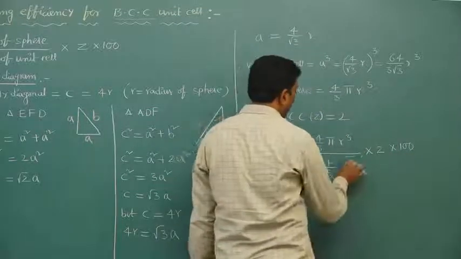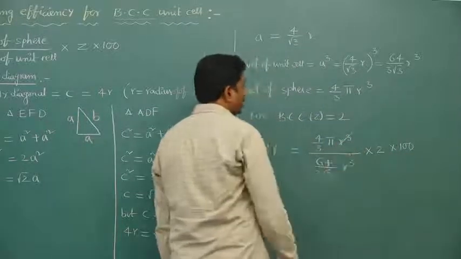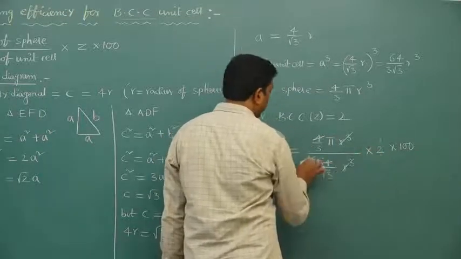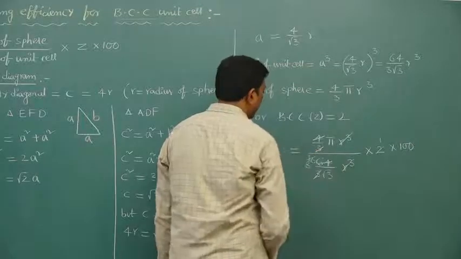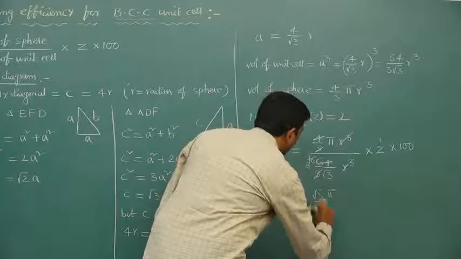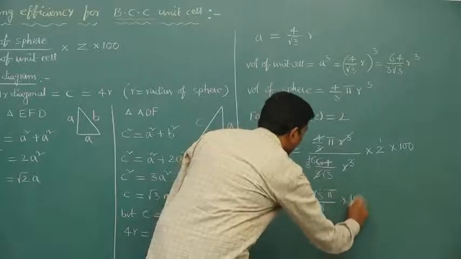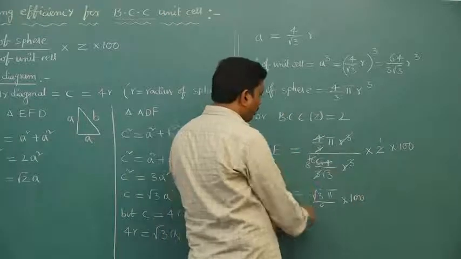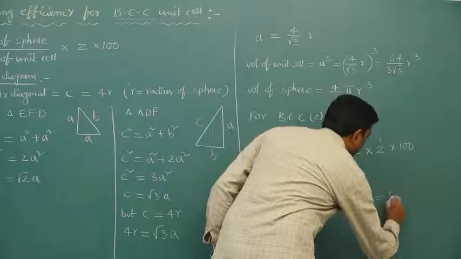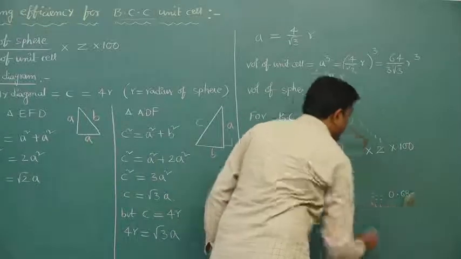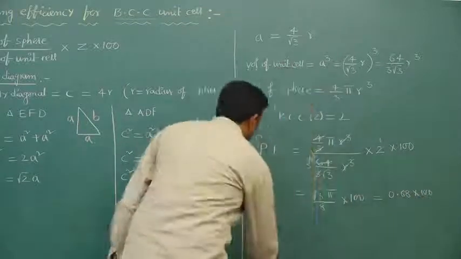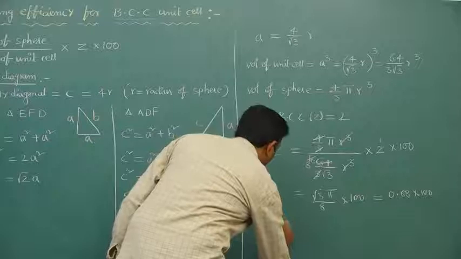On simplification, R cube cancels, 4 ones 4, 16s, 2 ones 2, 8s, 3 cancels. The remaining part is root 3 pi by 8 into 100. If we simplify root 3 by 8 into pi, we get approximately 0.68 into 100, that is 68.